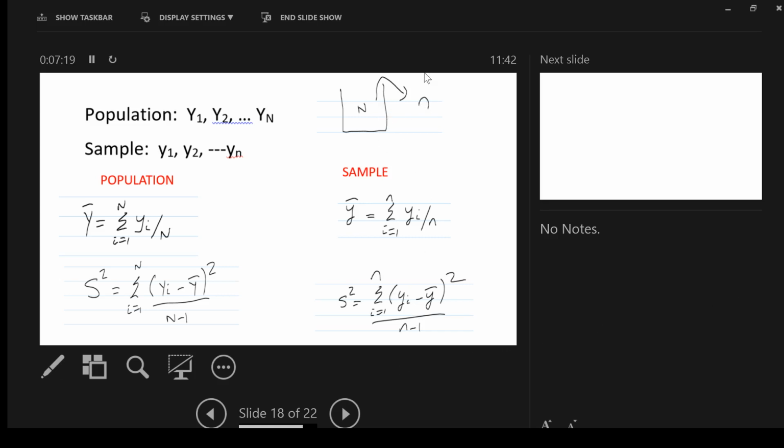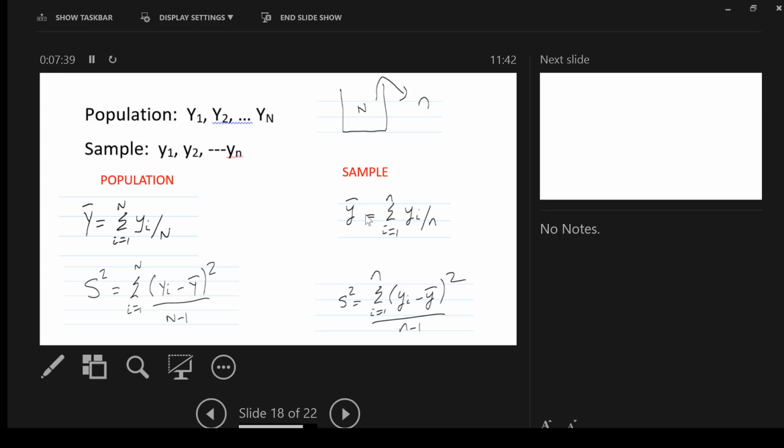The beauty of your sample is you've got little y1 up to little yn. So you can definitely calculate the sample statistics: the sample mean and the sample s squared. You can never calculate the population ones, but you're trying to estimate them.